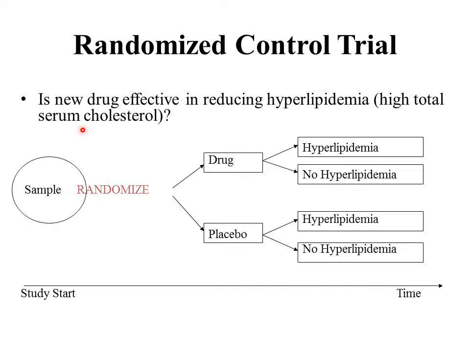In this case, we're testing a new drug for efficacy in reducing hyperlipidemia, and so we monitor them over time to determine whether they develop hyperlipidemia or not. We can collect data here and then analyze it to determine, is our new drug any more effective than a placebo.